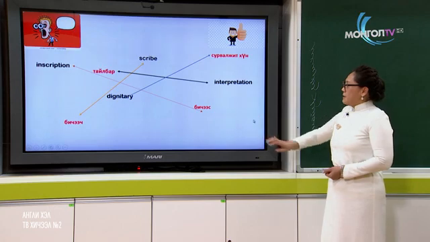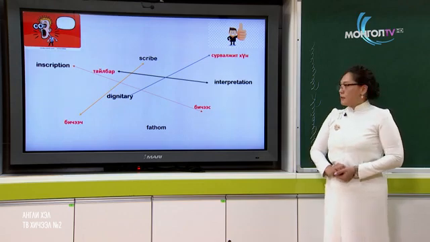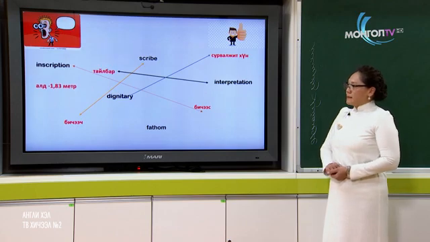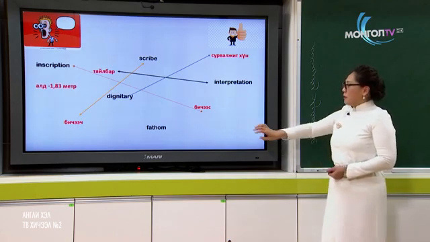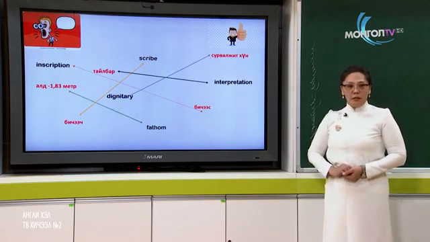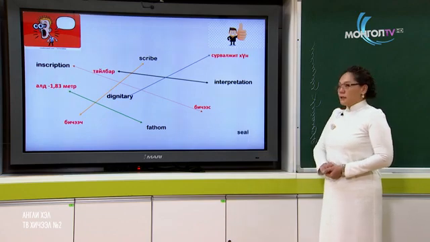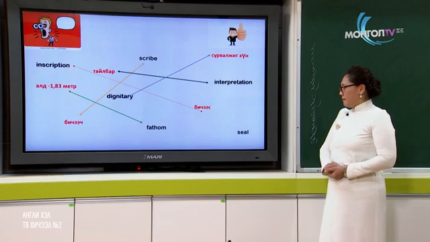The next word is fathom. I'm just reminding you, it's the measurement. What does this word mean? It's in red in Mongolian. Very good job, you got many new words. After that, I have the word seal.